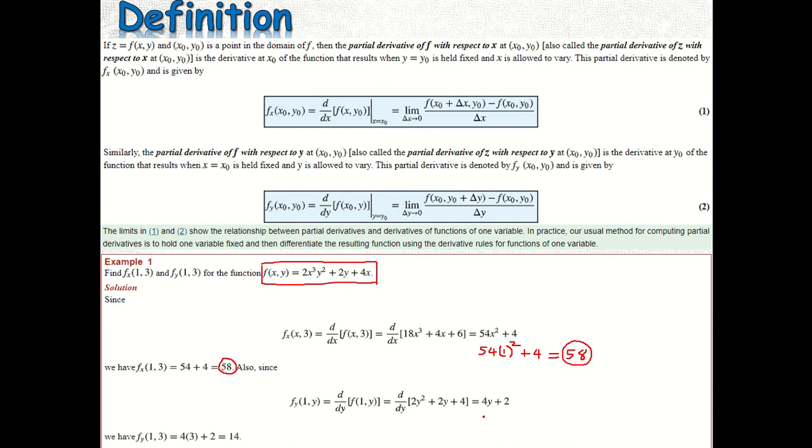So substituting the value so that we can solve for the value of the partial derivative. 4 times y, where our y here is given as 3. So 4 times 3, then plus 2. So 4 times 3 is 12, then plus 2, so this is equal to 14.